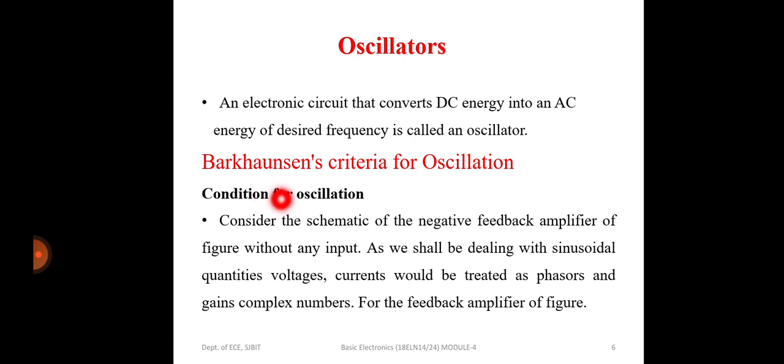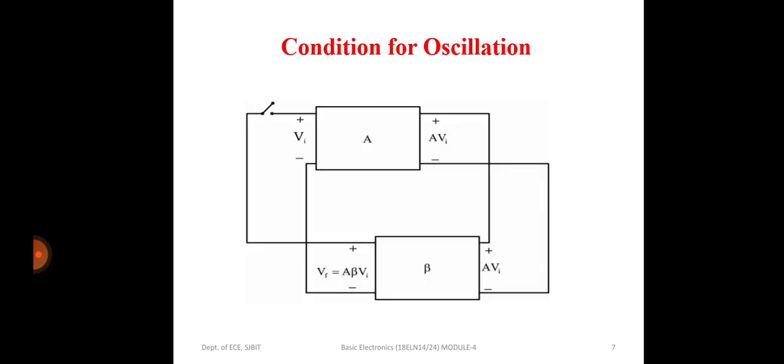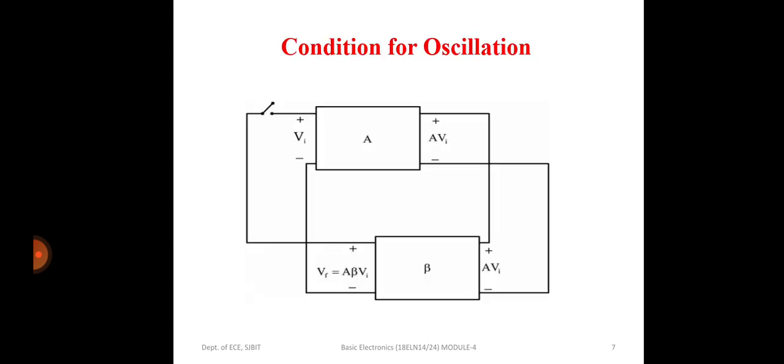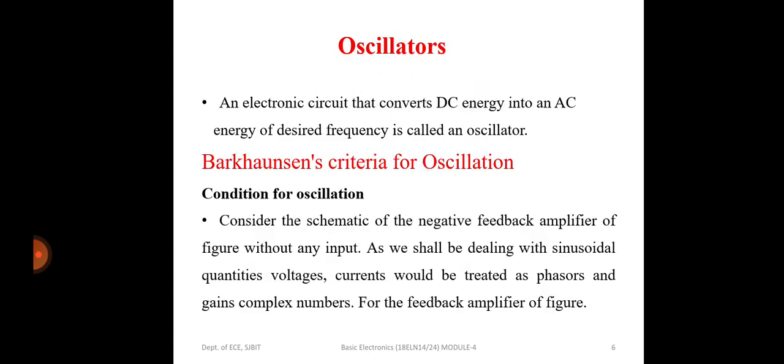Let us consider a block diagram over here. When we look into the block diagram, I can say the negative feedback amplifier is shown with any input, and then only the oscillation is going to get produced.